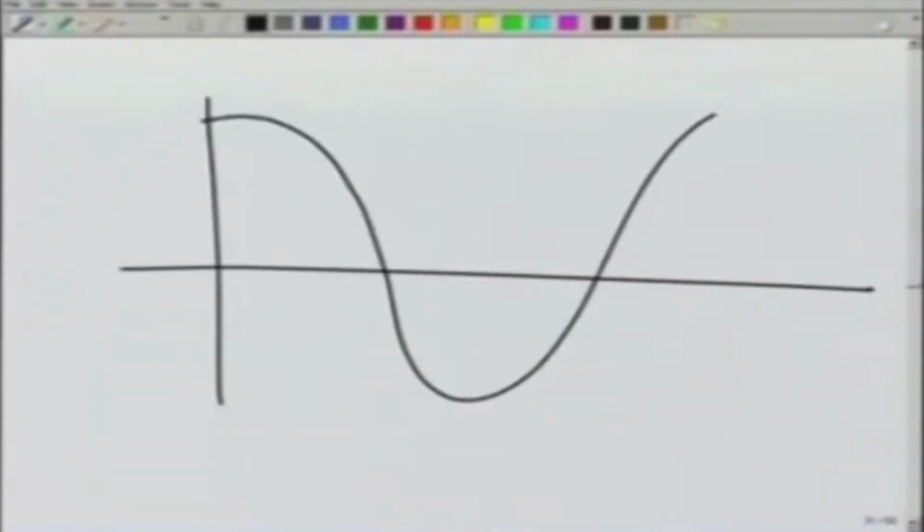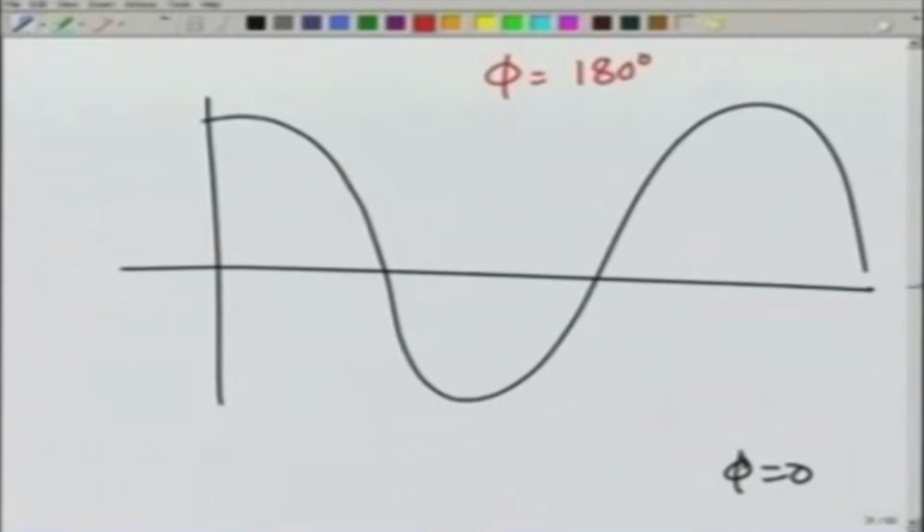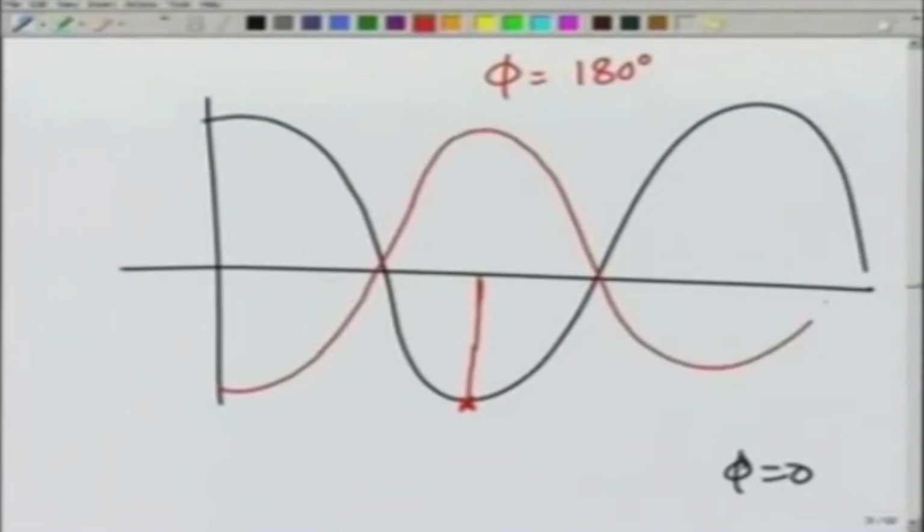This is phi equal to 0. Let us take the case of phi equals 180 degrees. Phi equals 180 degrees would be such that it would achieve at 0 what the 0 phase had at 180 degrees. So the motion would look something like this. What about the case of phi minus 180 degrees?